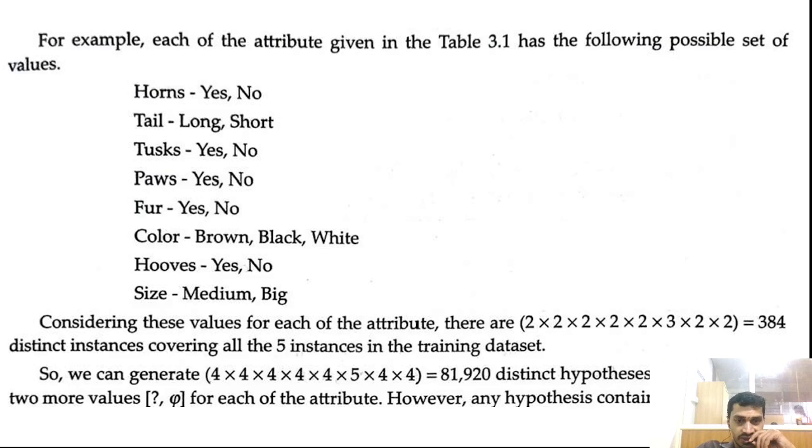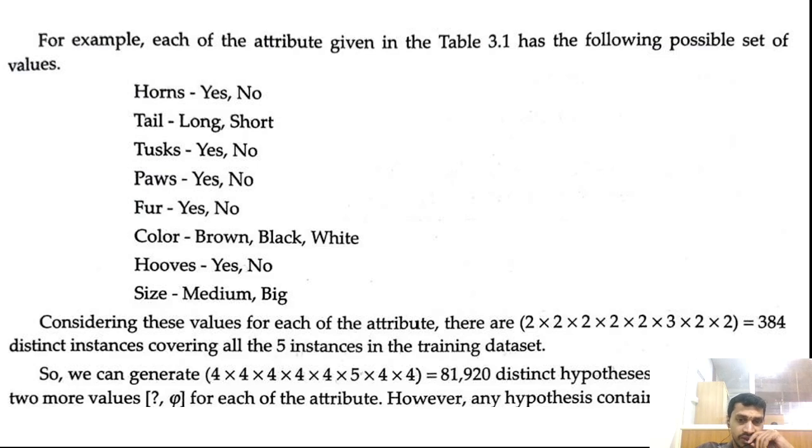These hypotheses represent different ways of classifying the animal. So this many possibilities I can write, this many hypotheses for the given 8 attributes. There are many possible instances, that is 384, and even more possible hypotheses.